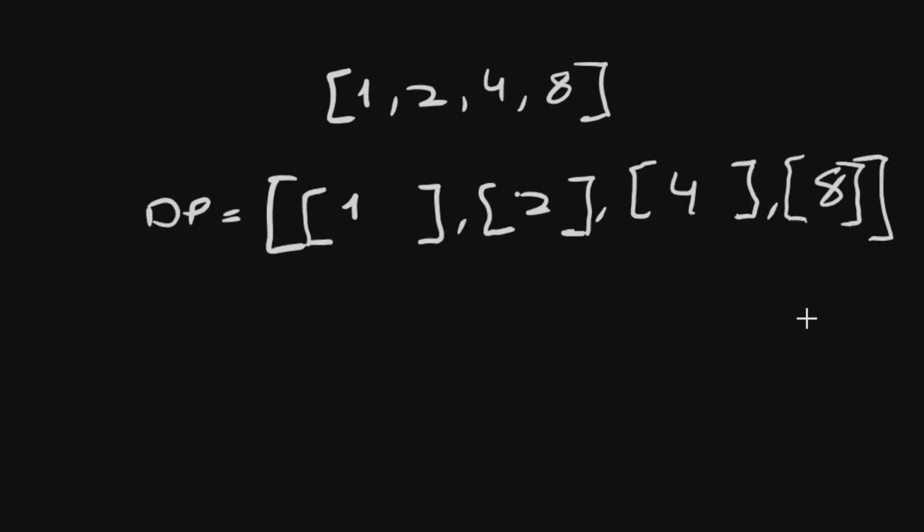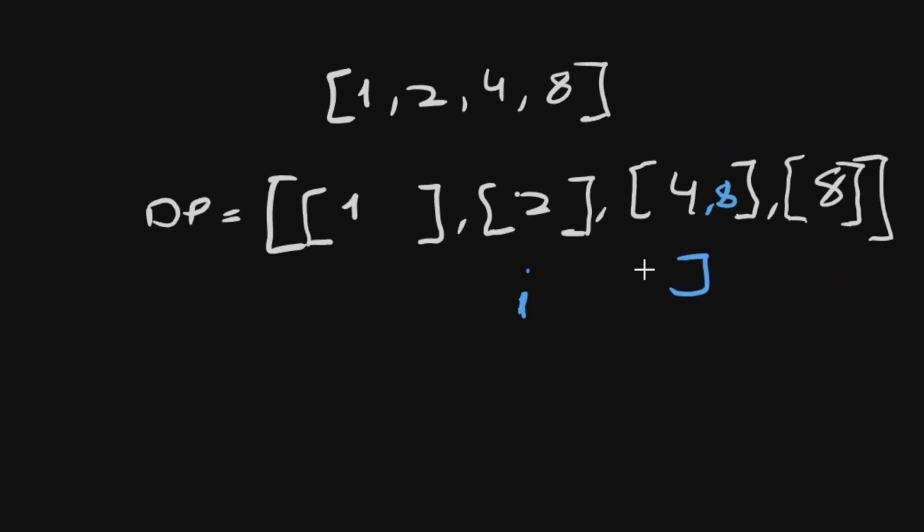Okay, now let's go with a second example. Let's say we have 1, 2, 4, and 8. This is our sorted array. We are creating our DP and we are iterating in reverse order. So in this direction, our i pointer is here, our j pointer is here. 8 modded by 4 equals 0, so we add this 8 over here.